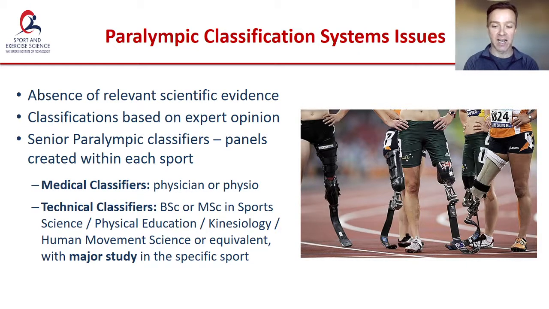Then there are technical classifiers. These are candidates who have qualifications, for example, a bachelor's or a master's degree in sports science, physical education, kinesiology, human movement science, or the like, plus major education in the specific sport of interest. So they've got the two areas covered there. To determine the functional classification, it would be based on a group of expert opinions from the medical classifiers and from the technical classifiers.